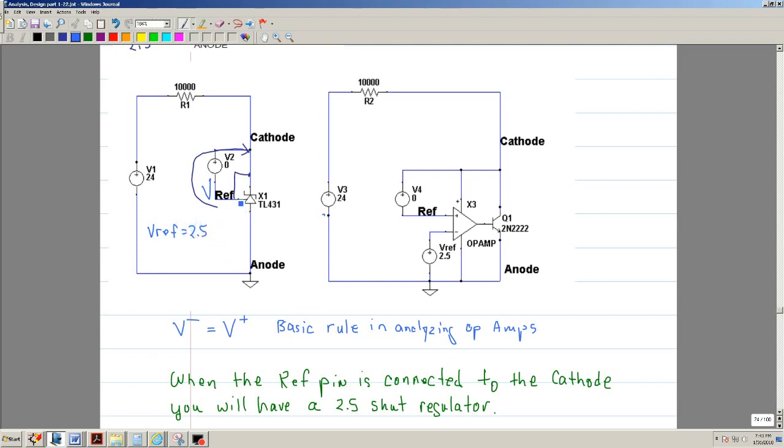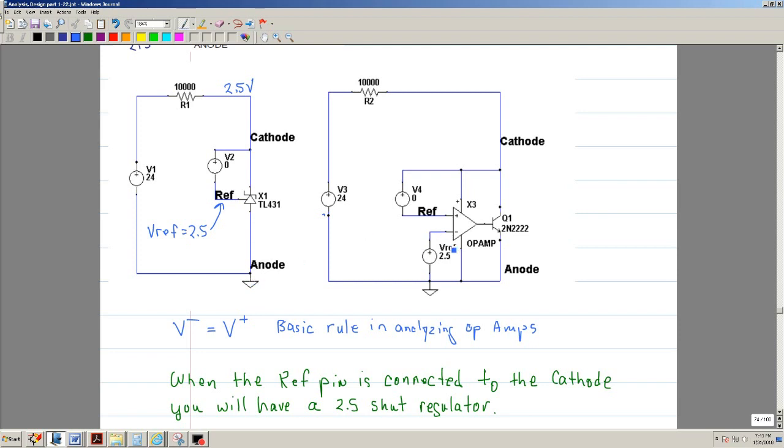I'm not sure if this is obvious or not, but if this is 2.5 volts and you connect this to the cathode, and then if you put a resistor up here, then the cathode will also be 2.5 volts. So I'm going to do a simulation to show that as well.